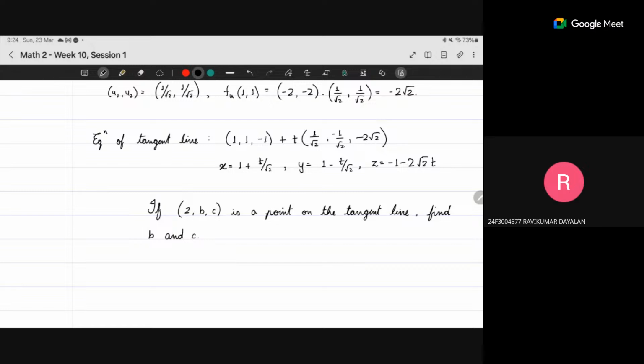Can you guys do this? Yes, sir. No, sir. Could you please explain, sir? You have to find the equation, substitute x as 2 and then find t. Yeah, please take 2 minutes and do it and let me know what the answer is.